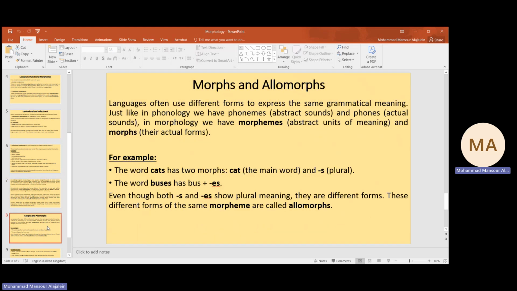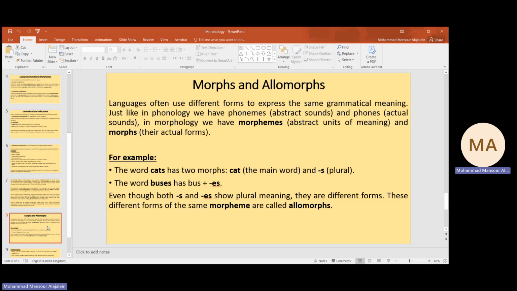Morphs and allomorphs. I think we discussed something similar to this in phonology, which is the difference between phones and allophones. If you remember, you can go back and recall what was explained about the difference between phones and allophones, and then you can discuss what is the difference between morphs and allomorphs and link them together.